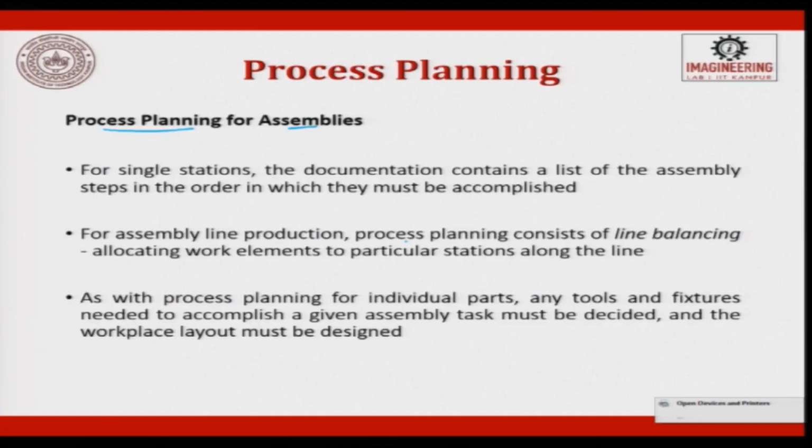For assembly line production, process planning consists of line balancing. So, that means to say, you have a conveyor, so there are several machines which are there. Now what we are trying to say is, if there are 6 machines and you take 1 minute here, 10 minutes here and 50 minutes here, and let it be 1, 2, 3, 4, 5 and 6.